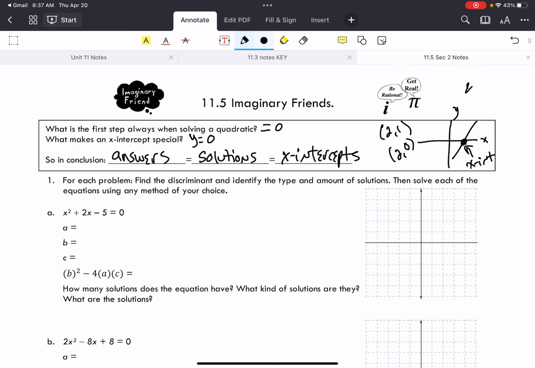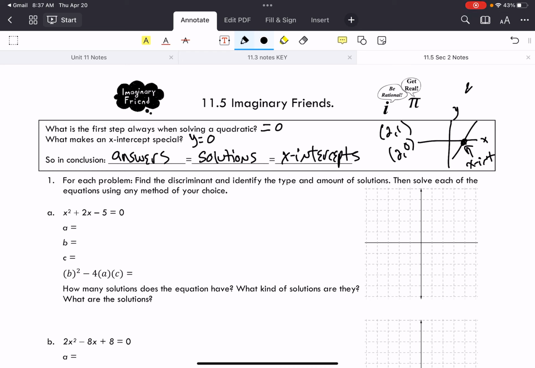So what do you think that tells me about x-intercepts for an equation if its solutions are imaginary, meaning non-graphable? You don't have to answer that yet, but keep that in mind. We'll come back to that question after we do a couple examples.